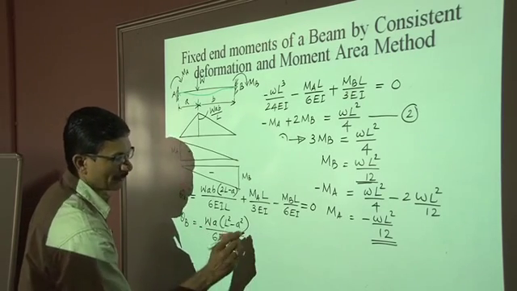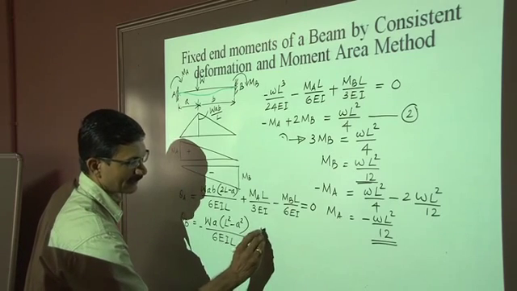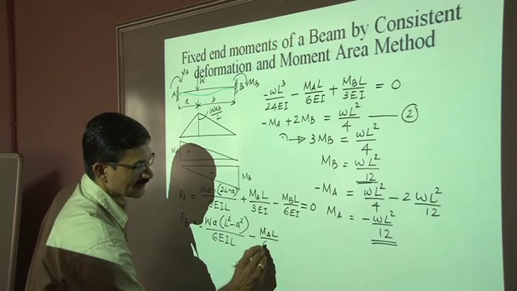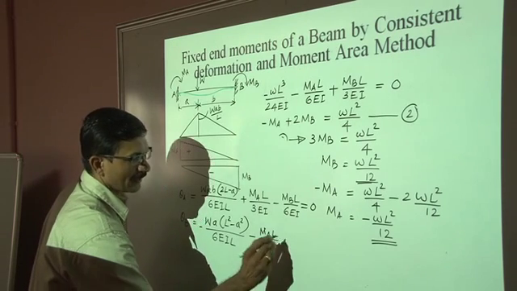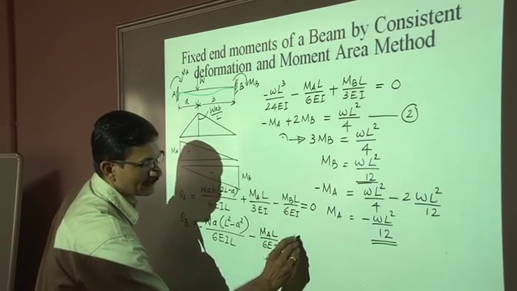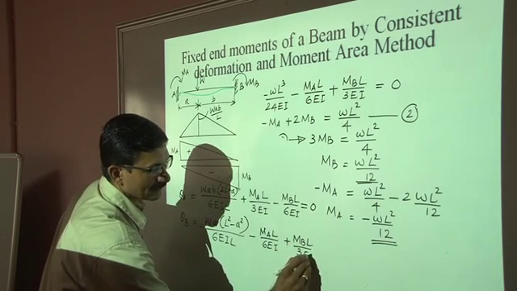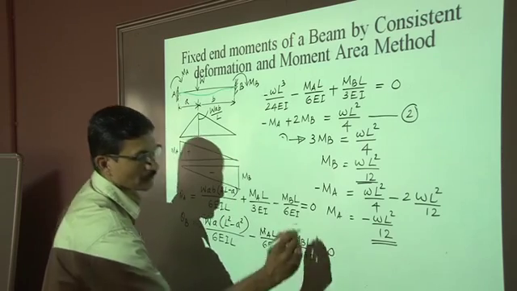This slope is also going to be anti-clockwise because of MA at the end B. So MA into L divided by 6EI and MB into L divided by 3EI. That also is equal to 0.